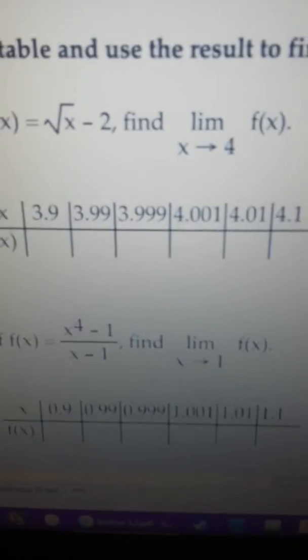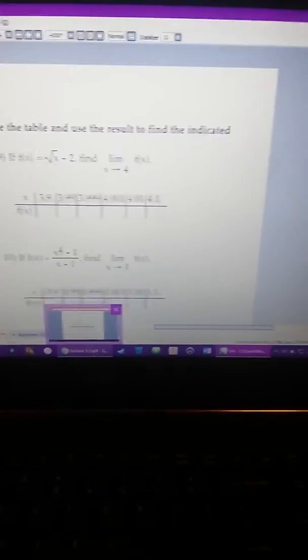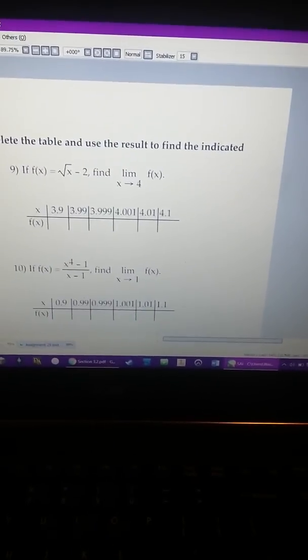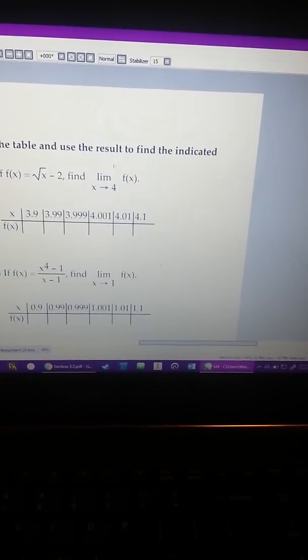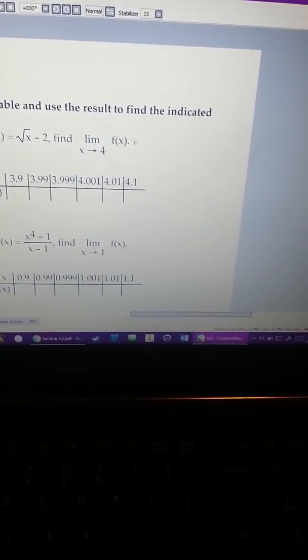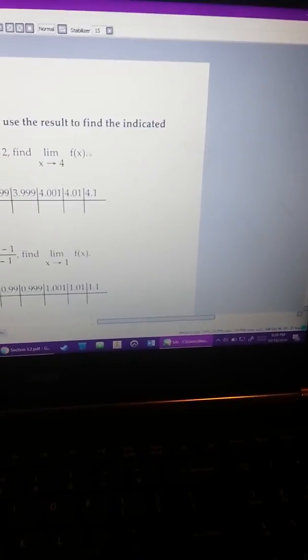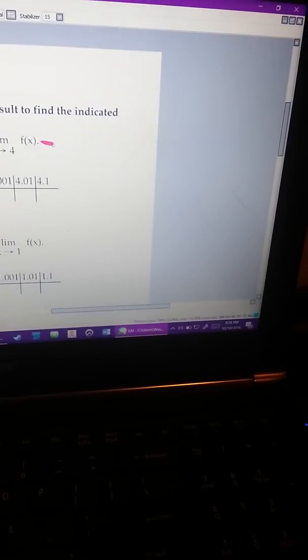So what we do, I imagine, is fill out that graph, and then the limit of f of x would be negative 4. Cool. So, let's go down.